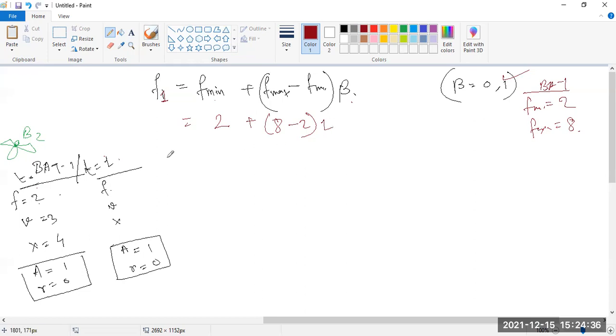So we get 2 plus 6, which is 8. We can update it here, this is 8.